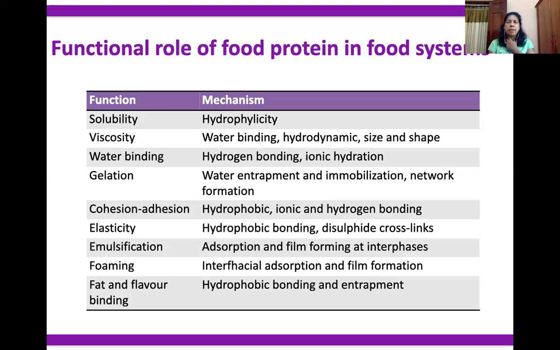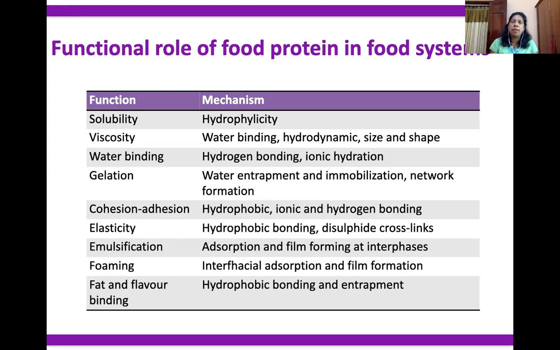In this case, immobilization means the water can't move. If these proteins denature and make a network, they can trap the water in that network.